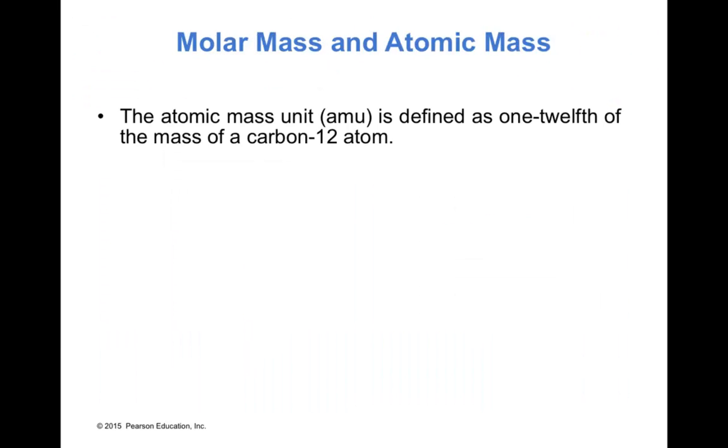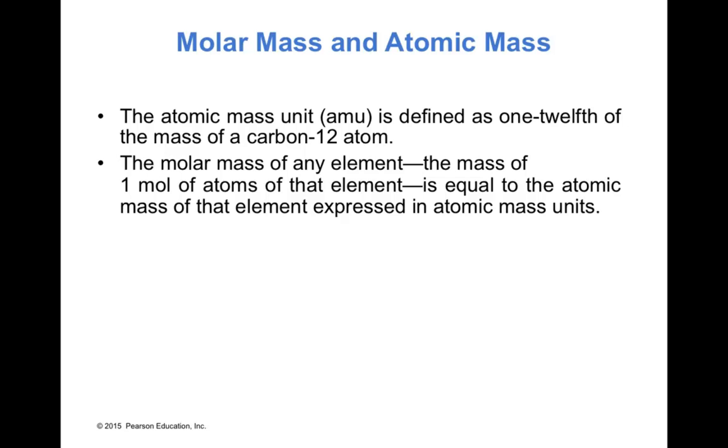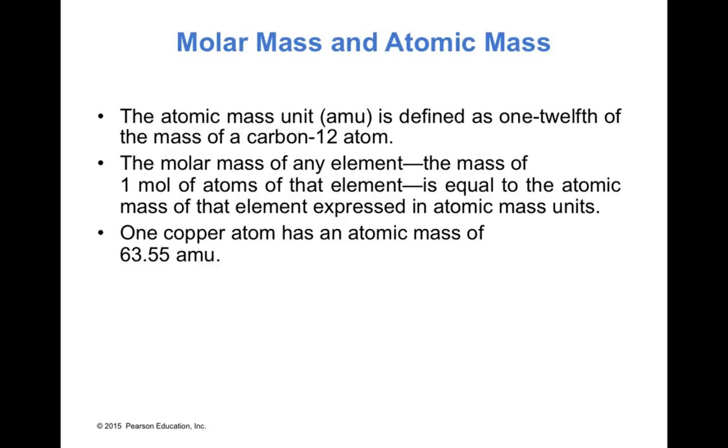So the atomic mass unit is defined as 1/12 of the mass of a carbon-12 atom. The molar mass of any element is the mass of 1 mole of atoms of the element, and it is equal to the atomic mass of that element expressed in atomic mass units. 1 copper atom has an atomic mass of 63.55 atomic mass units, and 1 mole of copper atoms has the mass of 63.55 grams of copper.